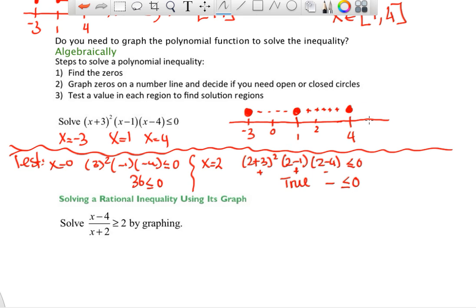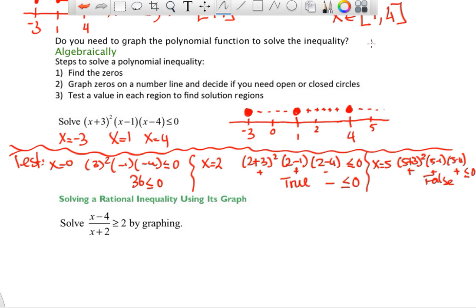And then you still have to do it here at 5 and maybe here at -4. That's why I said you don't have to completely figure out what the values are. You just have to know, do I get positives or negatives? So 5 plus 3 squared, that's a plus. 5 minus 1, that's a plus. And 5 minus 4, that's a plus. And 3 pluses, that's false. So I get negatives over here again.